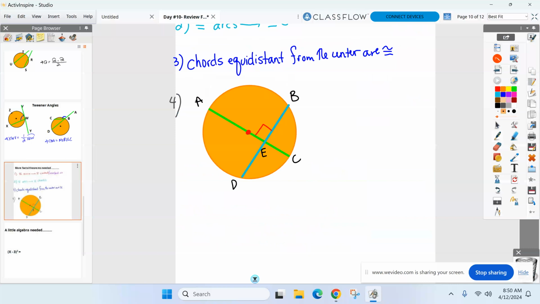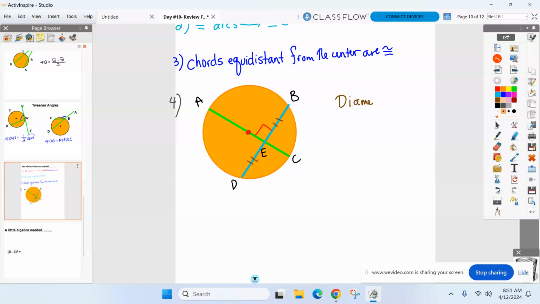So if I have a diameter perpendicular to a chord, the chord is getting bisected. Correct. Okay, everyone, if I have a diameter perpendicular to a chord, the chord is getting bisected.